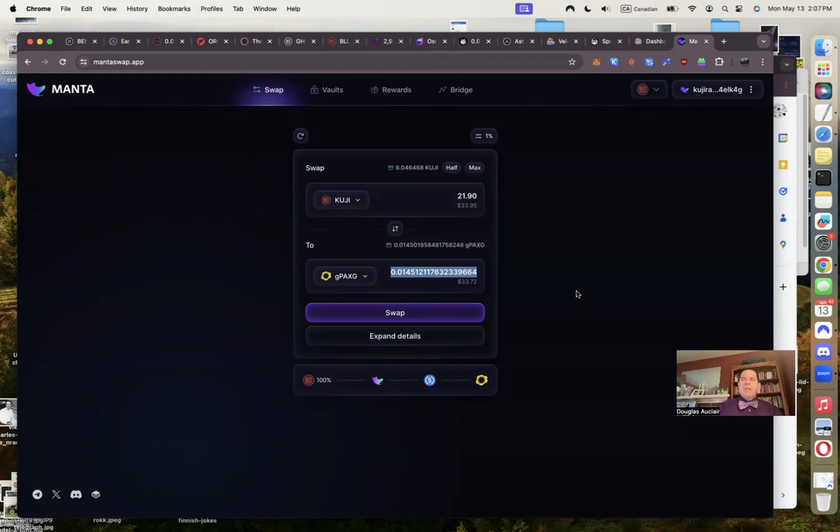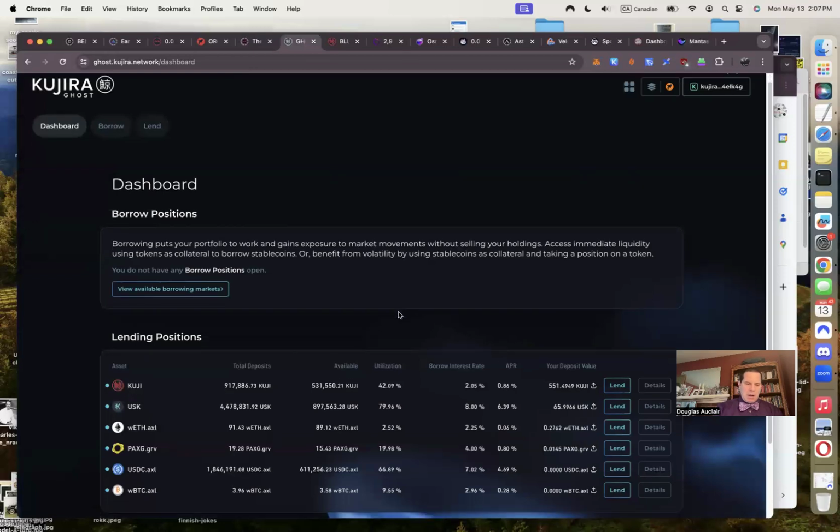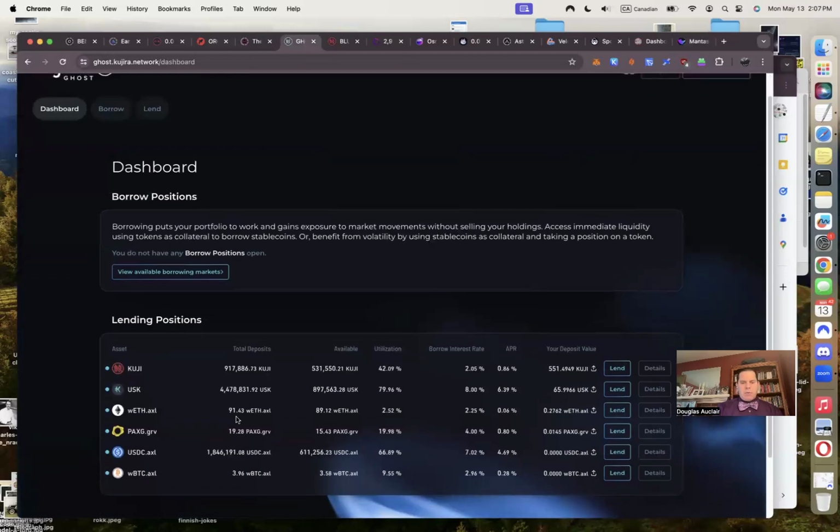If the liquidation doesn't hit, then the mechanism of lending your asset on Ghost grows your asset by however much your APR is. In this case, the APRs aren't much. They're pretty low nowadays. They could go up to 40%, 100%, depending on the need for the asset.